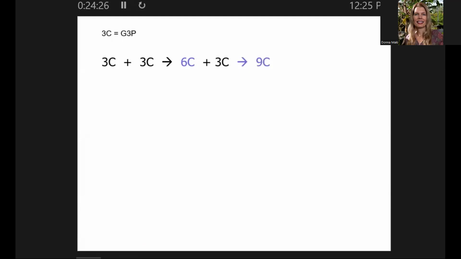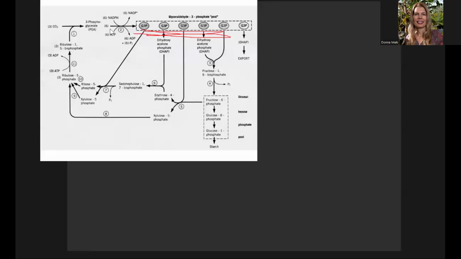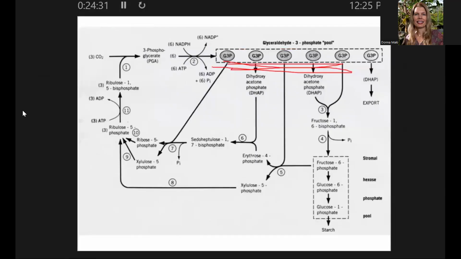So let's go back. So here are 2 3 carbons. Oh no, let's do these 2. So a G3P and a G3P react and you get a 6 carbon. You don't need to know the name of it.